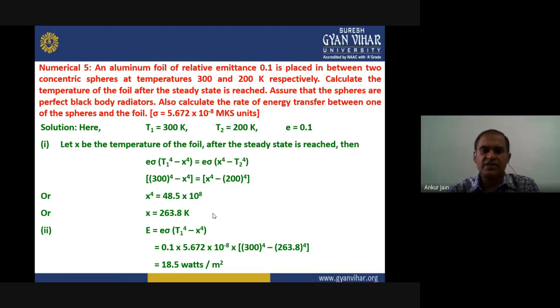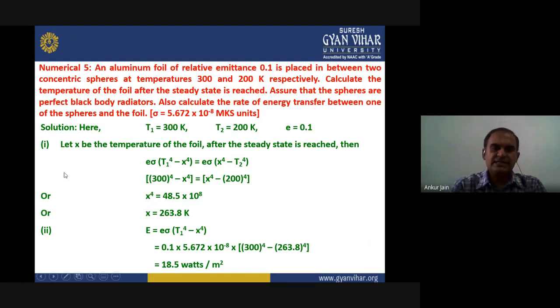Now the first thing we have to calculate is the value of X. Let X be the temperature of the foil after the steady state is reached. Then the formula says E σ (T1^4 − X^4), that is the temperature of foil, equals E σ (X^4 − T2^4).